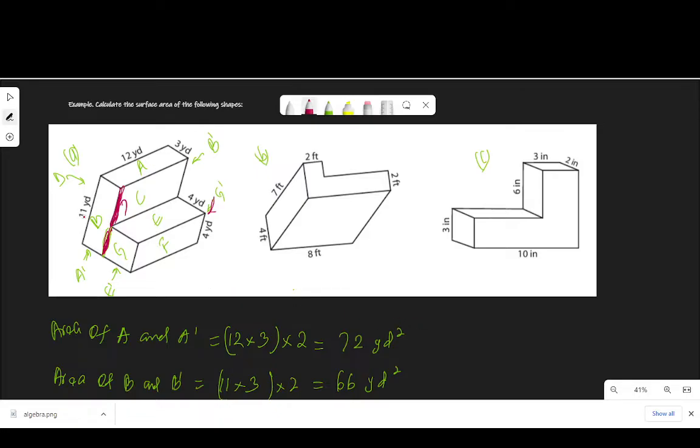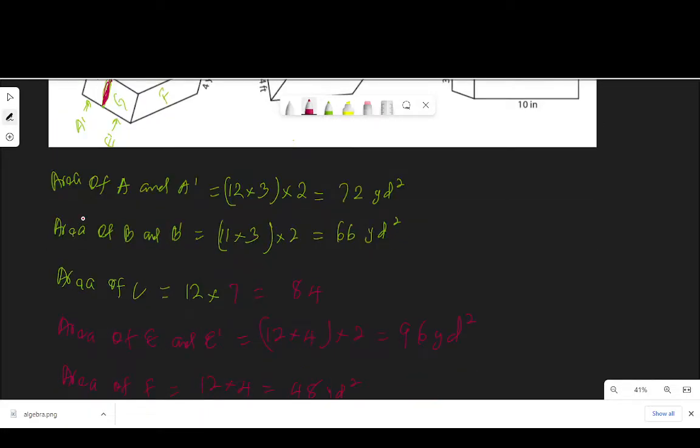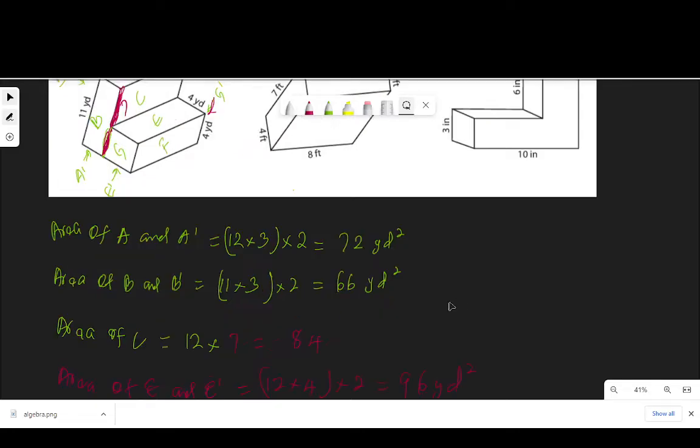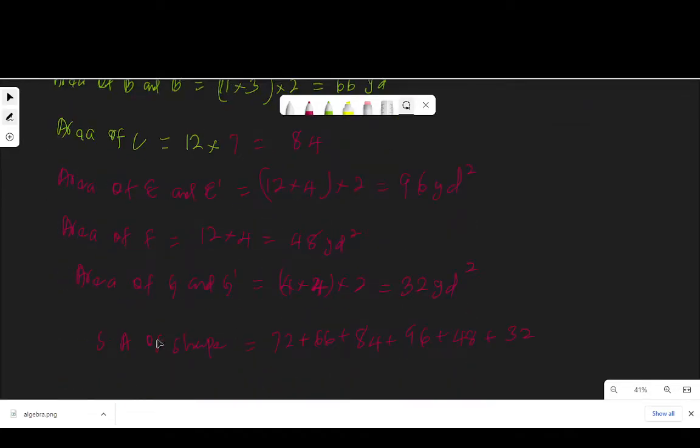Oh, there's still one more. I omitted D, sorry. Let me go back there. There's still one more there. D is missing. Let's go and get it first before we add up everything.